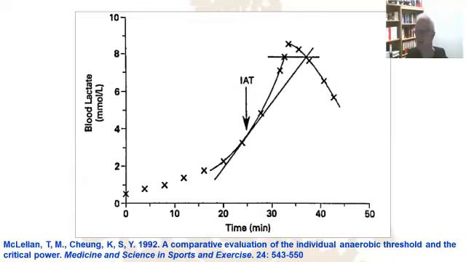So what they've done is they've plotted the curve in recovery, they've drawn a horizontal line through the highest lactate concentration during exercise, which goes straight through the recovery curve.